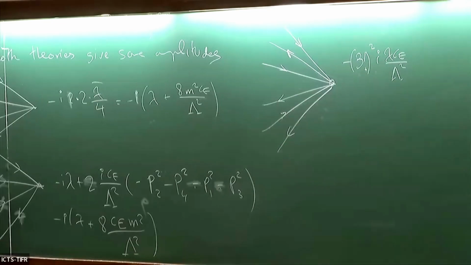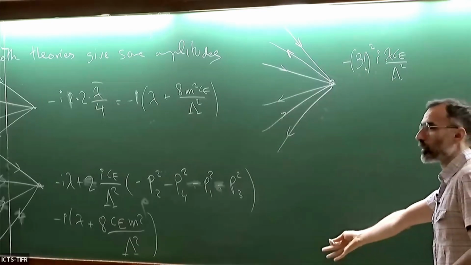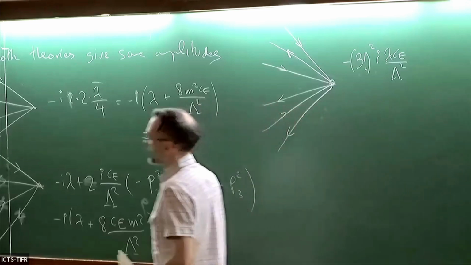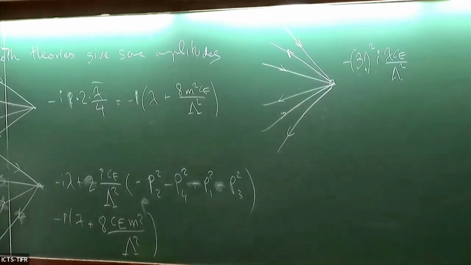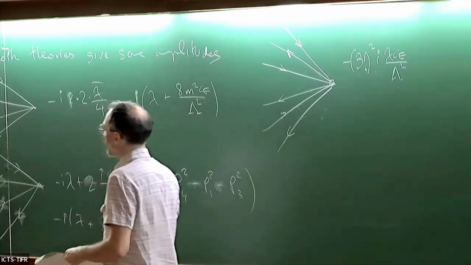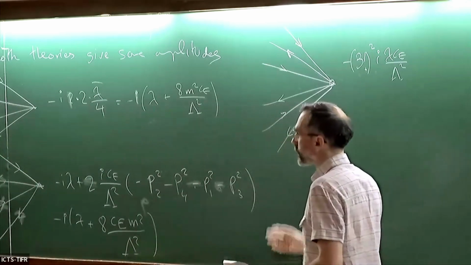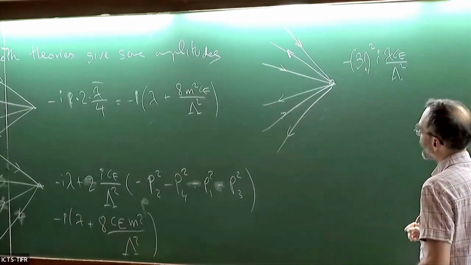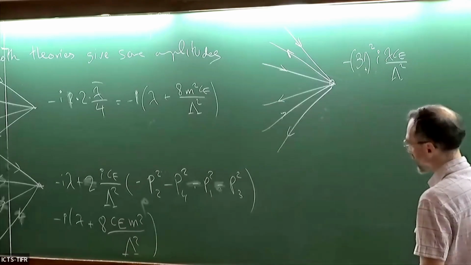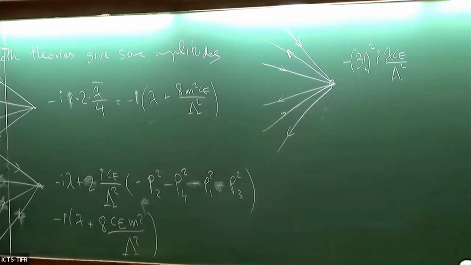Now we look at the other theory. There's no contact 6 point in the action itself. If you look at it, there's only 4 fields in here, and the renormalizable action only has lambda phi 4 in there. Lambda phi 4 by itself would only give us non-local terms, so we can focus simply on one insertion, and this is a bit lengthy, so let me put it somewhere else.